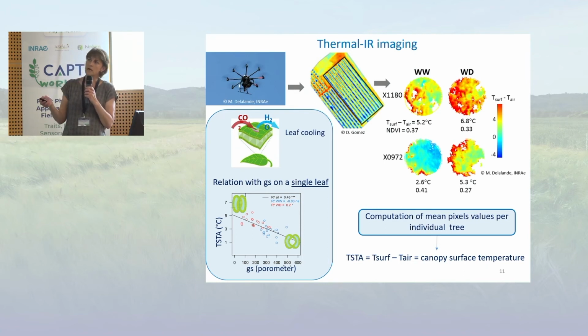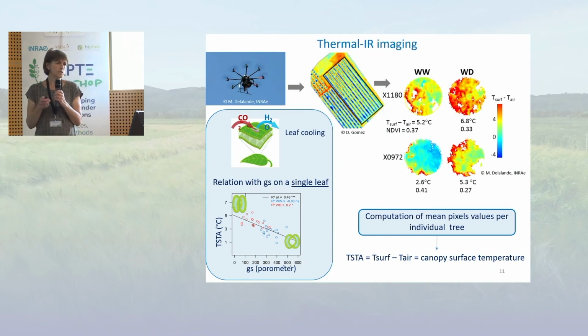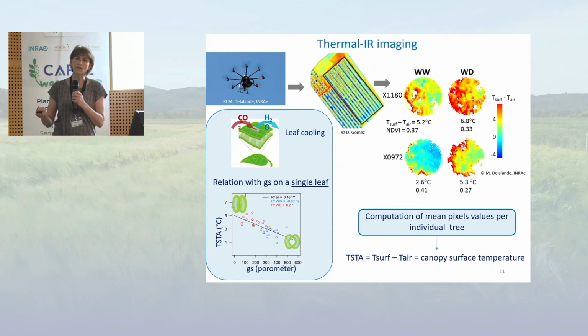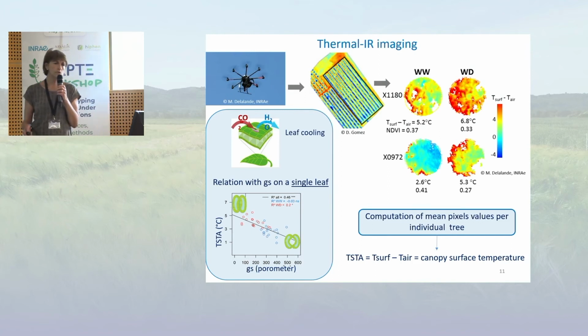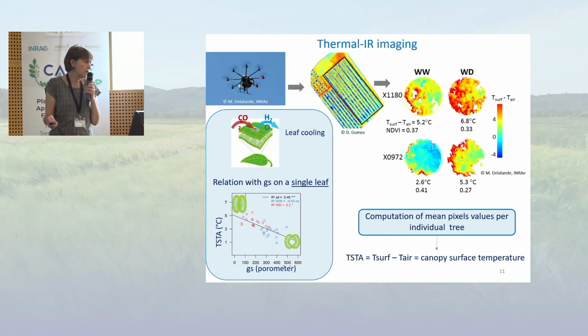The idea behind, of course, is that if the stomata are closing, the leaves will be warmer, and this will reflect the water stress. So here again, we compared this value of temperature of the surface of the leaves to the temperature of the air, compared to the measurement of the stomatal conductance by porometer. And again, we said, okay, we had a good proxy of the leaf functioning.